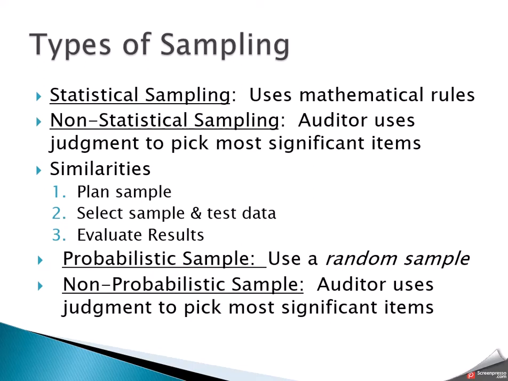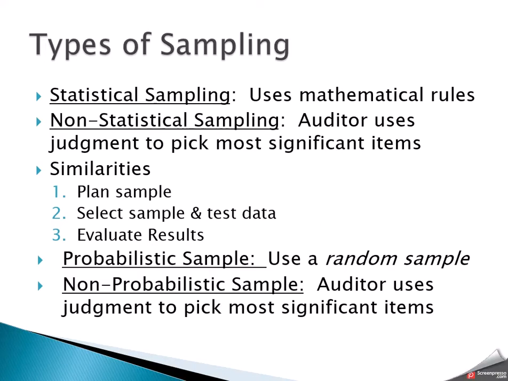Then there's non-statistical sampling, where the auditor just uses their judgment to pick those most significant items. So, say, the highest dollar invoices that were issued, we're going to look at the top 10 highest dollar invoices. We're going to look at the top 10 highest vendors that were paid, or something along those lines.